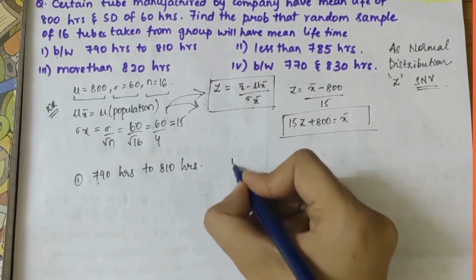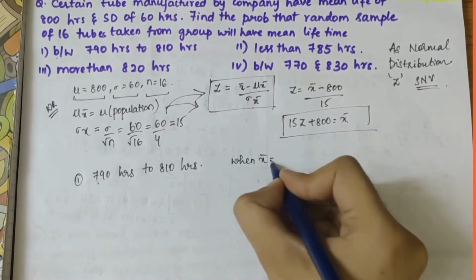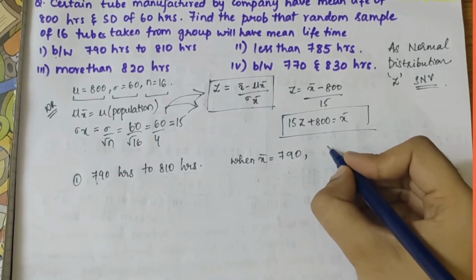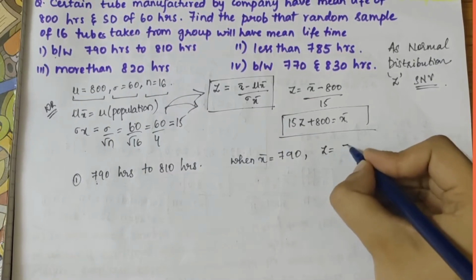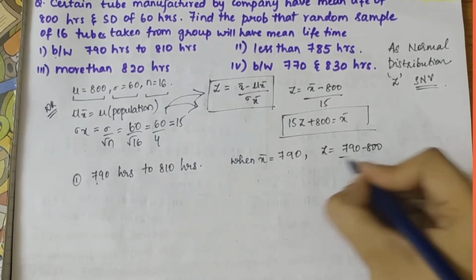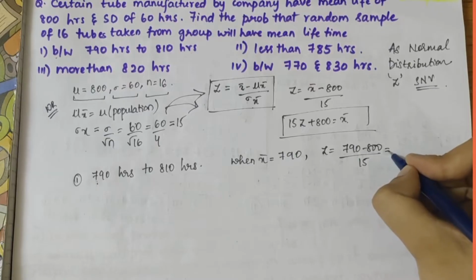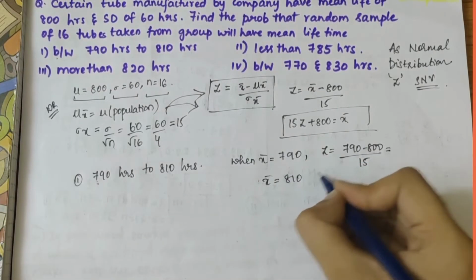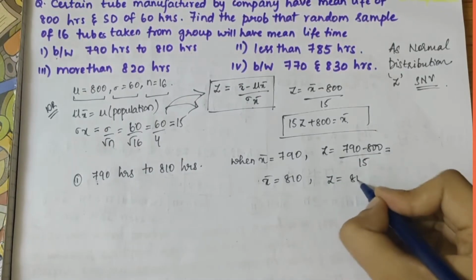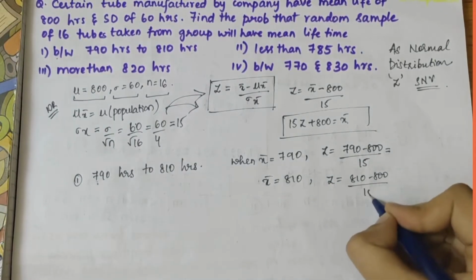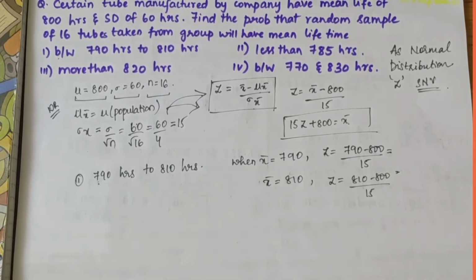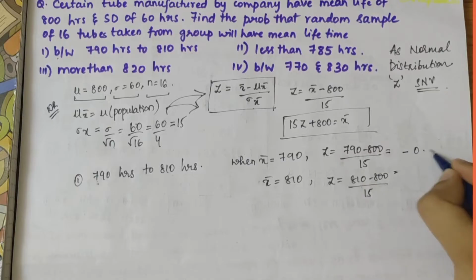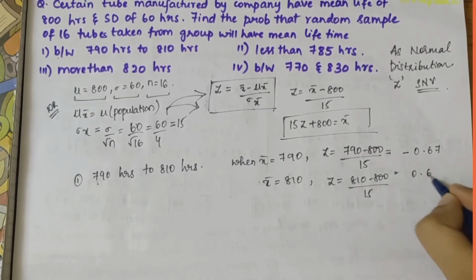So first, when x bar is equal to 790, we get z is equal to 790 minus 800 by 15. And when x bar is equal to 810, we get z is equal to 810 minus 800 by 15. Solving this, the values are minus 0.67 and 0.67.